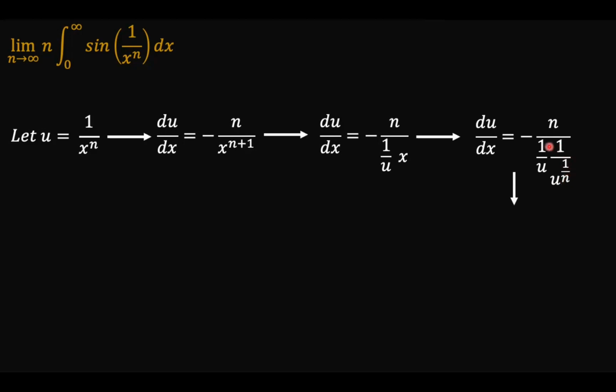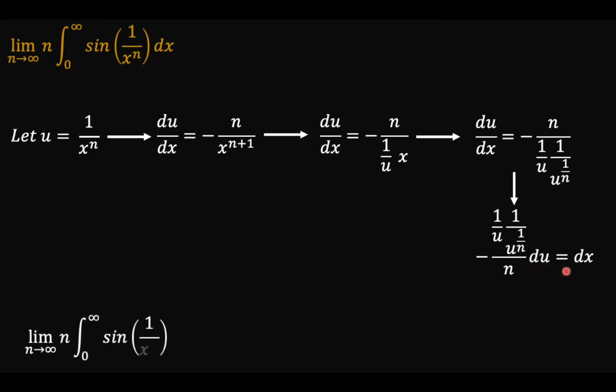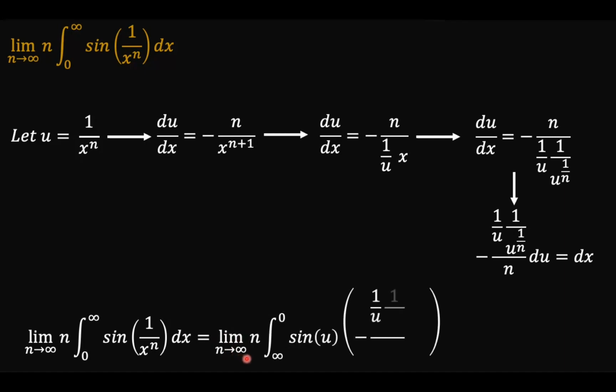So that when we multiply both sides by the denominator and divide both sides by the numerator, we get that 1 over u times 1 over u to the power 1 over n, times negative 1 over n, du is equal to dx. So substituting for dx and for 1 over x to the power n in the original expression, we get the limit as n tends to infinity of n.